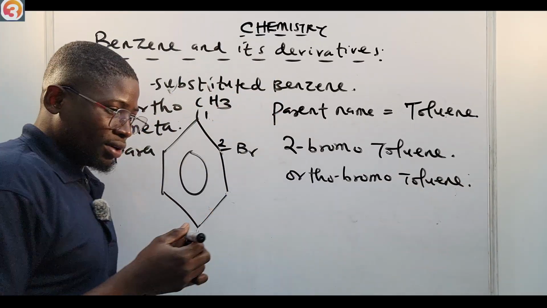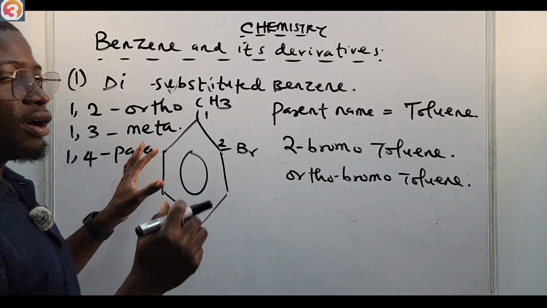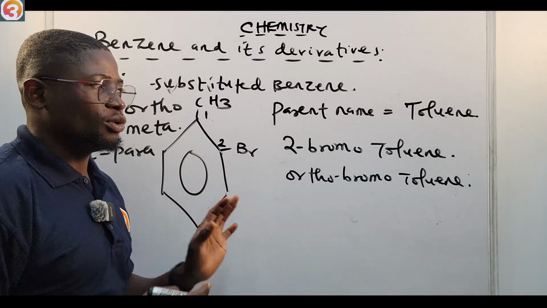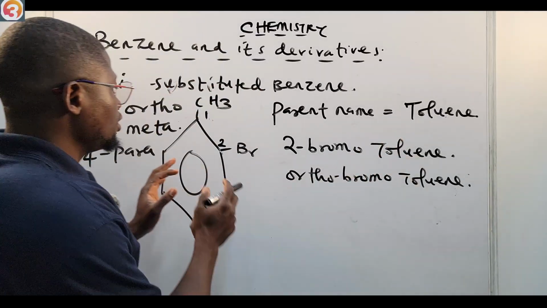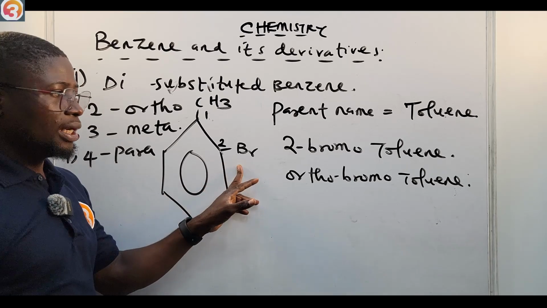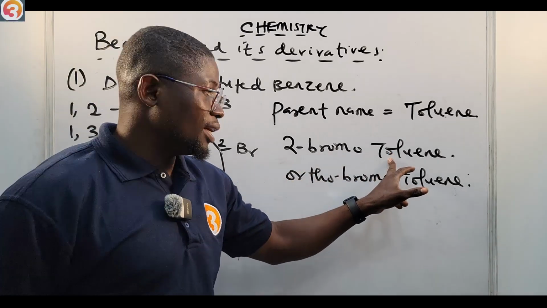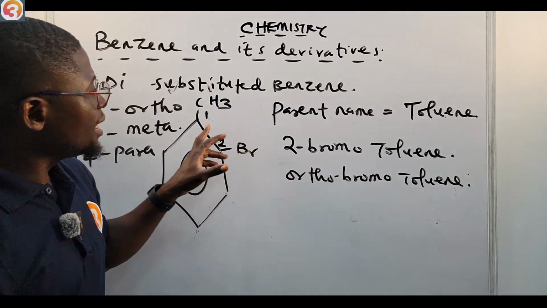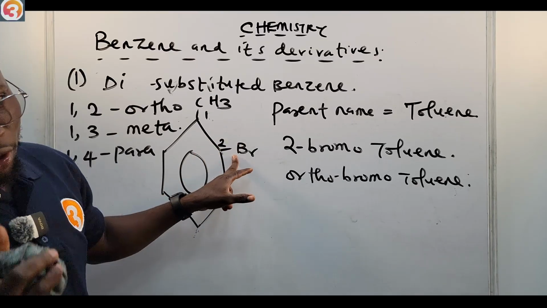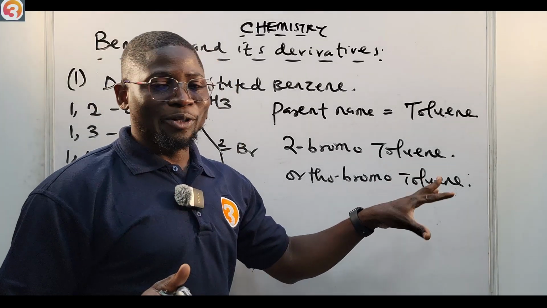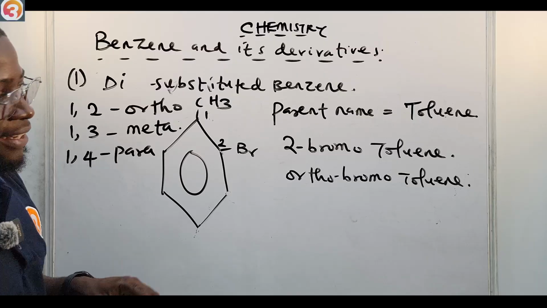I hope you understand the progression. The parent name for a benzene ring that has a methyl group attached to it is toluene, but the bromine group is in position 2. That's why we have 2-bromotoluene. Now thirdly, the groups are in position 1 and 2, which is ortho. That's why I call it ortho-bromotoluene. Should be clear? Very, very clear.